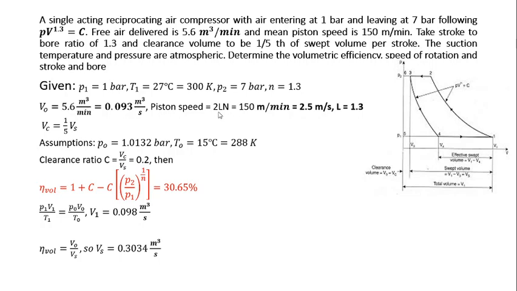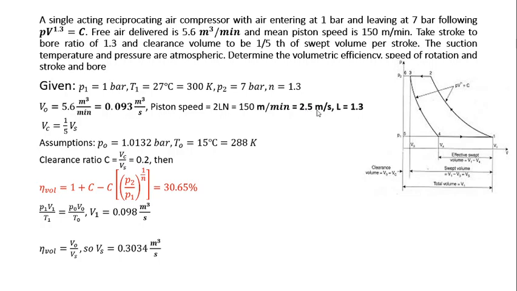in one rotation of crank, the piston completes two movements, one upward or forward movement, one backward movement. So the piston speed in n revolutions will be 2L, right? So 2L into n is the piston speed, which is equal to 150 meter per minute.